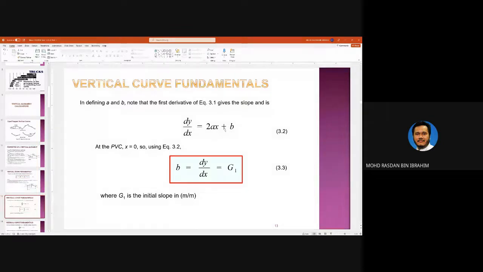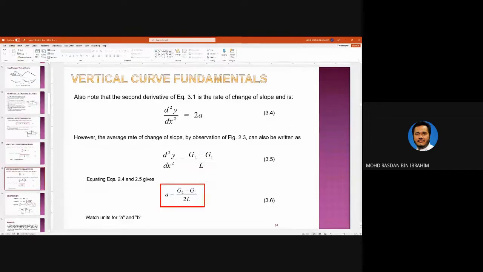Okay, so you change the terms here, so you get b equals dy/dx, which is also equal to g1. Okay, so the initial gradient is b, g1. And then you have the second derivative of the parabolic equation. So you differentiate again. Okay, so it becomes 2a.